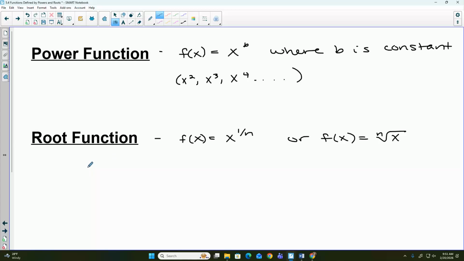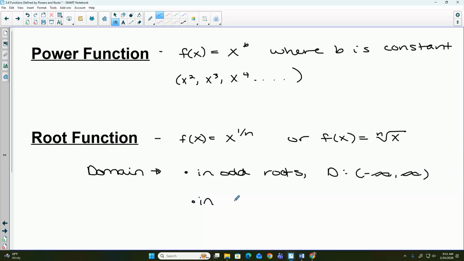For the root function, we have to be able to consider the domain. And there's two cases. In odd roots, so if it's a cube root, a fifth root, a seventh root, does it matter what kind of number is underneath it? No. So the domain will be negative infinity to positive infinity. In even roots, we know that the thing under the radical has to be greater than or equal to 0.